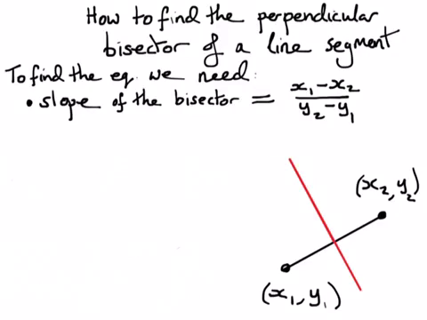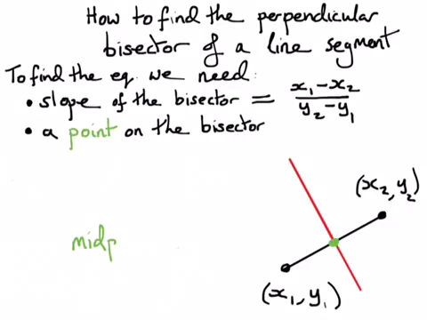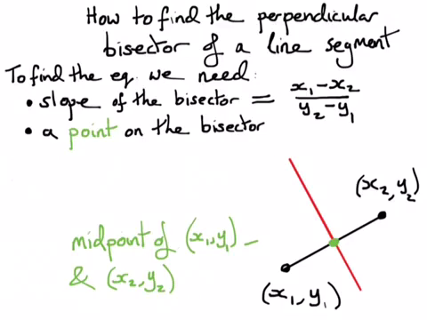So let's erase all this, we don't need that anymore, we know what that slope is. The other thing we need to remember is a point on the bisector. If we've got a slope, when we have a point, then we can work everything else out. Now remember that the perpendicular bisector of this line segment passes through the midpoint, and we know the equation of the midpoint. It's nice and easy.